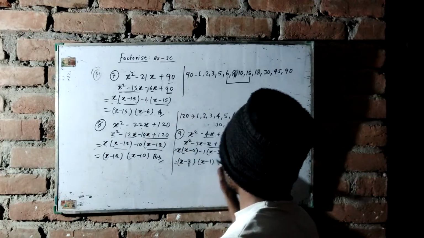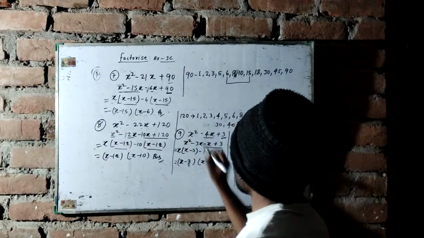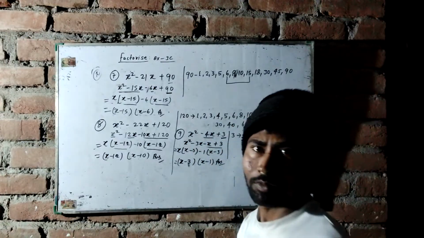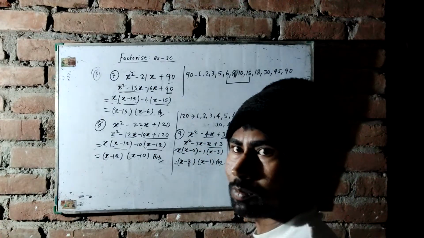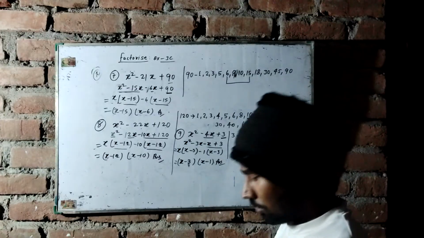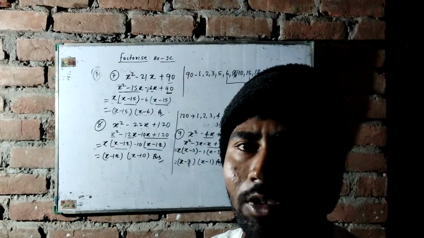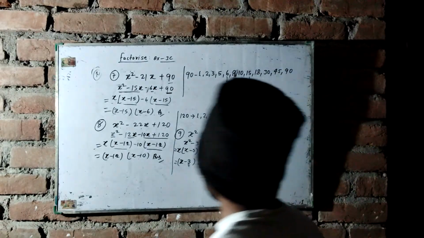This is the required factors of the polynomial x squared minus 4x plus 3. Now let's go ahead to the next question, but first of all we have to wipe the board. So let me wipe the board.